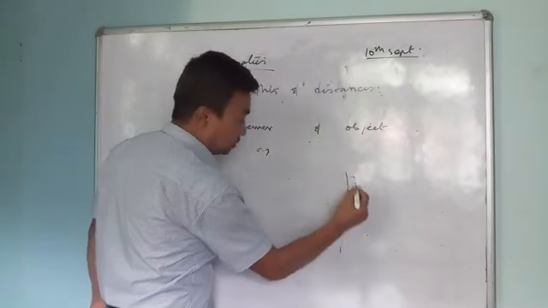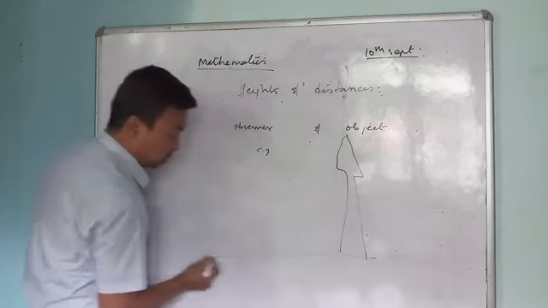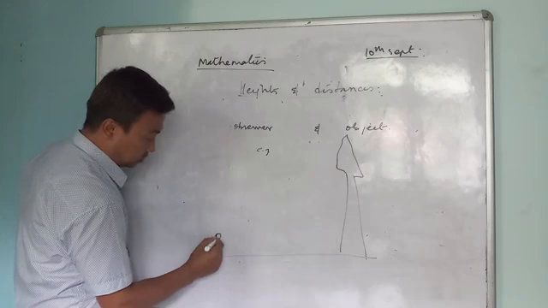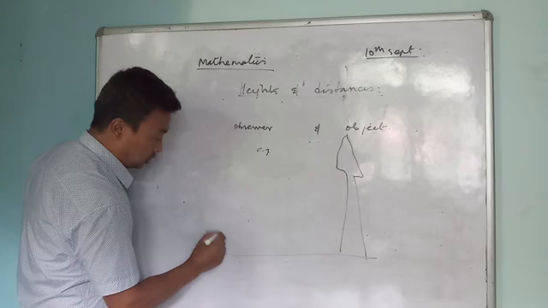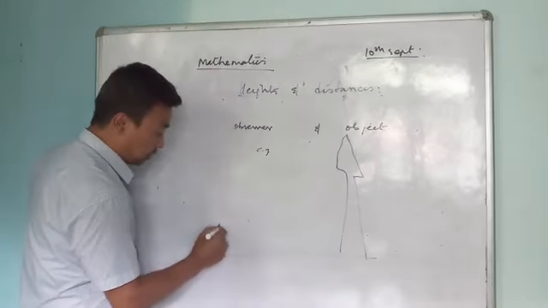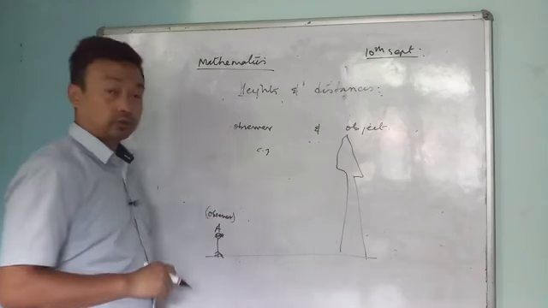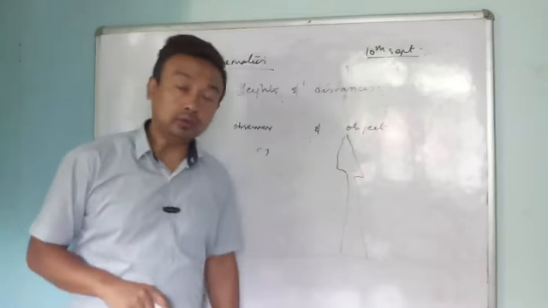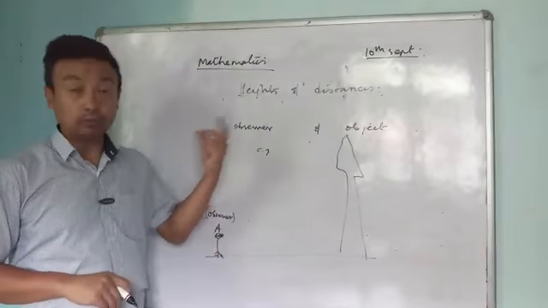You have a tree here, and this is the ground, and you are there. You are observing, you are seeing, so you become the observer, let us say point A. The observer is the point from where you are trying to see some objects.